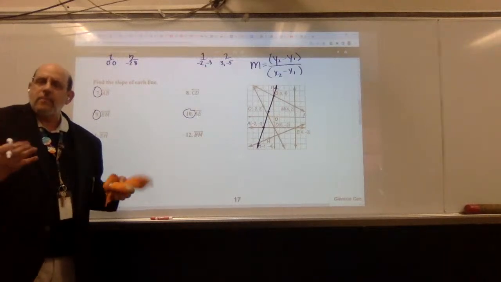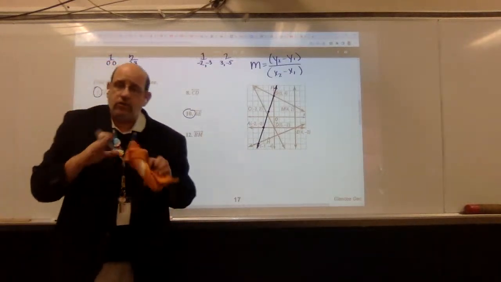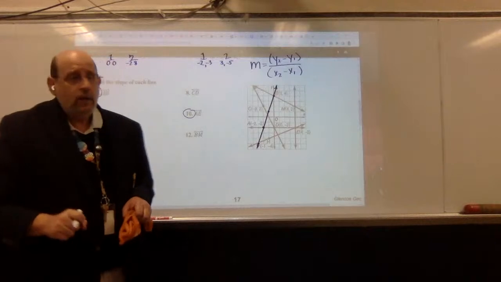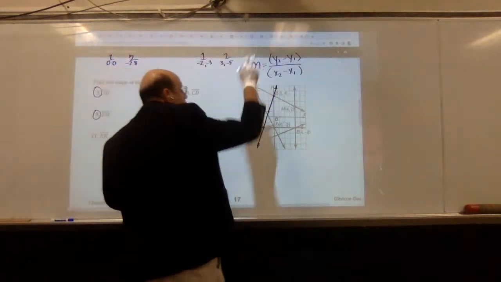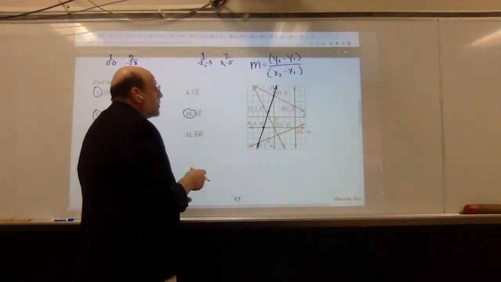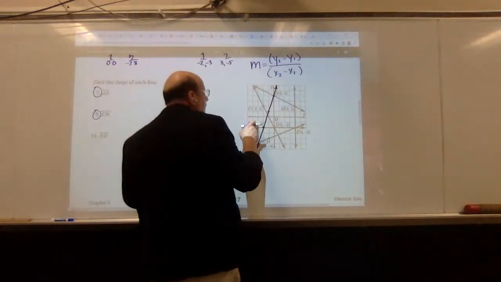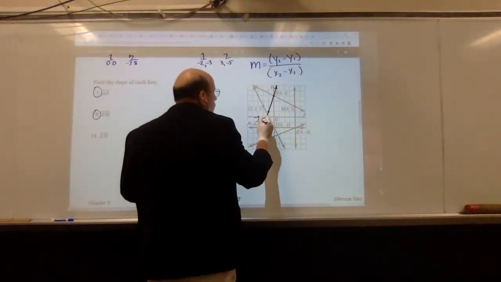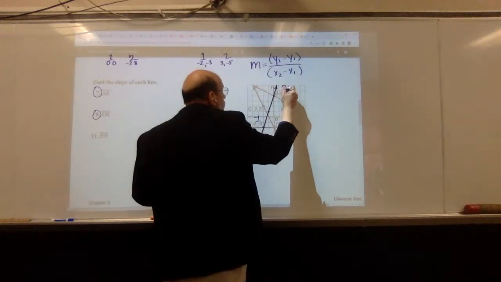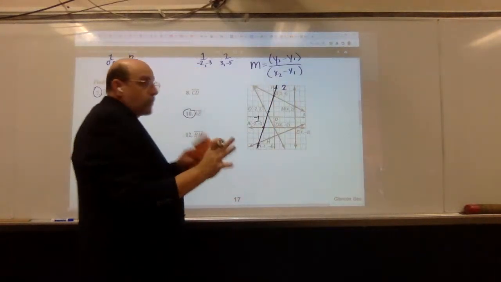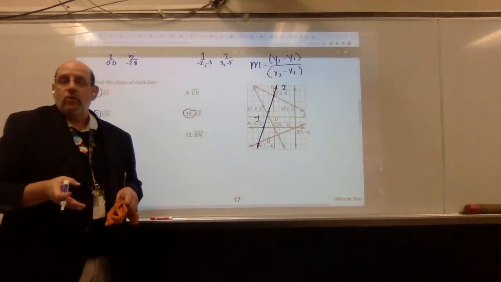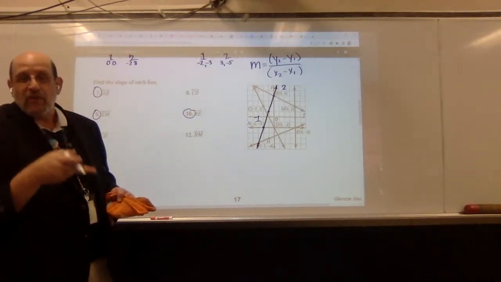The counting method is valid. I don't see anything wrong with counting. Yes, you can use this, right? You can find two coordinate pairs. You could say that A is coordinate pair 1 and B is coordinate pair 2. And you can do that math. And we're going to do both ways, but I'm going to show you the easy way first.